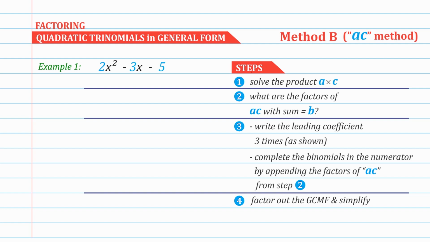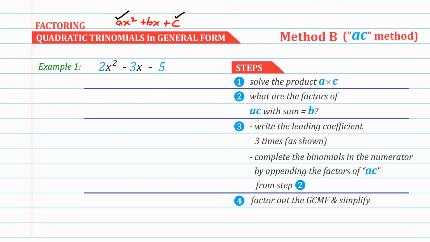Solve the product AC. Recall, what is this AC? Remember our general form of a quadratic trinomial? It's equal to ax squared plus bx plus c. That's the general form. Now, this a here and this c here are actually our numerical coefficients.